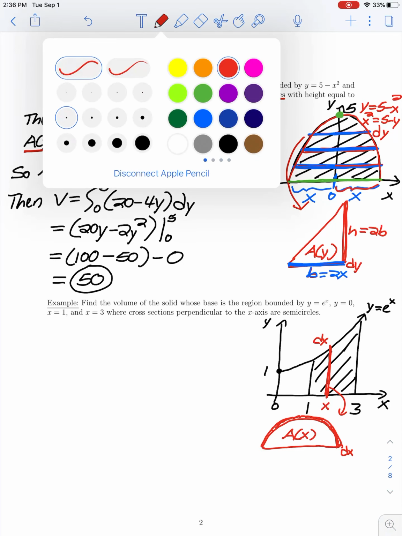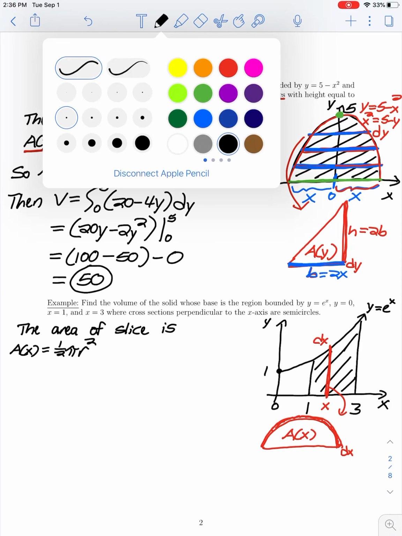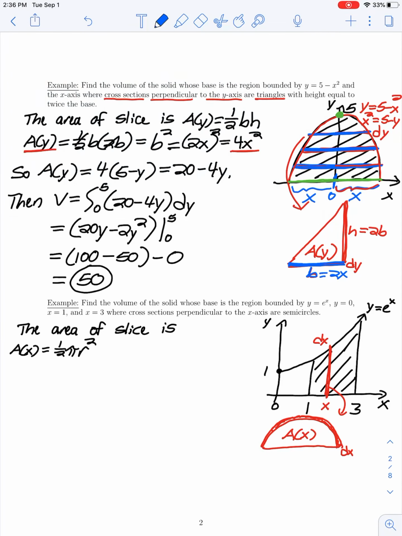So here, the area of a slice is given by A of x. And in general, for a semicircle, it would be half of the area of the circle, half of pi r squared.